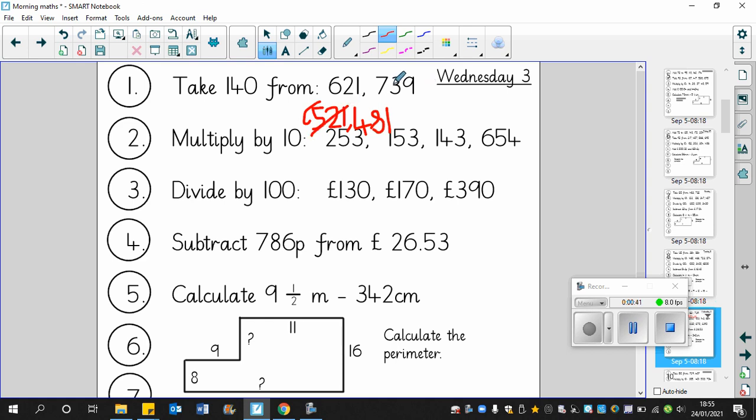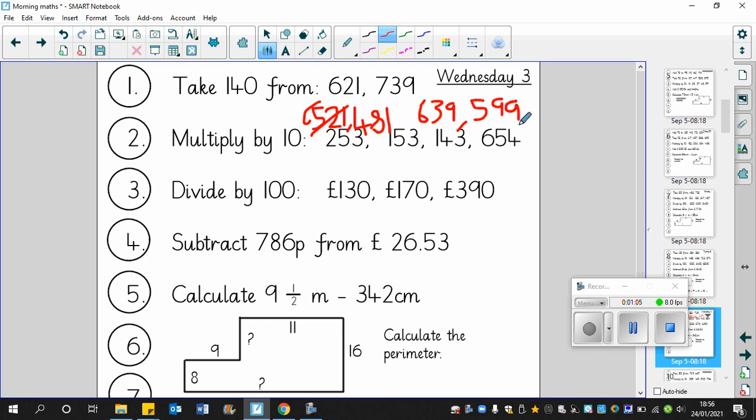And then the second one is 739. So 739, take away 100 is of course 639. That's fairly straightforward. And then if we take away another 40, then we get to 599.